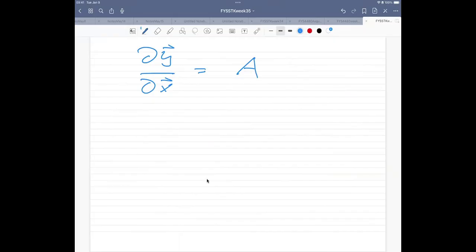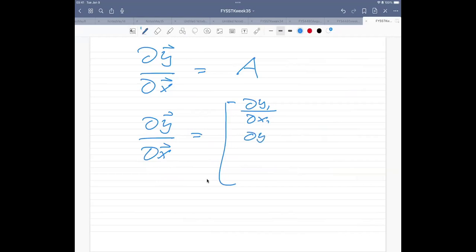So just keep in mind that this object here, dy/dx, if we write it out as a matrix, is actually given by dy1/dx1, and then the columns follow: dy1/dx2, and dy2/dx1, down to dym/dx1, and then we have dy2/dx1 here, and this goes all the way down again until the end.